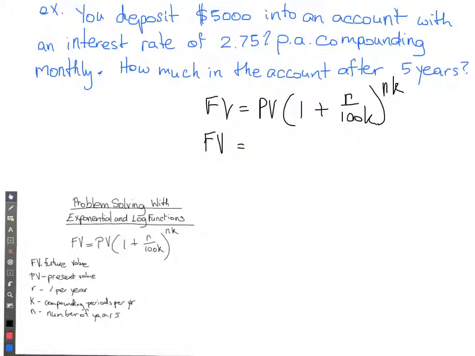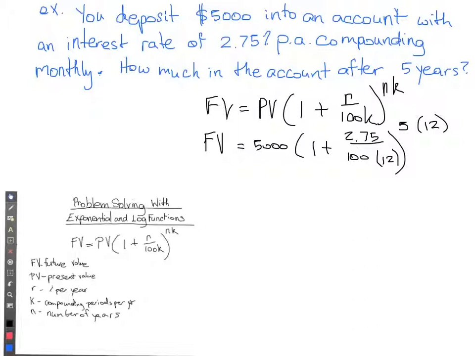PV, that's our starting amount, is 5,000. 1 plus our percent interest per year, so 2.75 over 100 times K, and since it's compounding monthly, K is 12. Raised to, and here's the exponential part, NK, so N is 5 because it's 5 years, times K, which we already know is 12. So this is an exponential function because we are raising it to an exponent to calculate what we need to find.